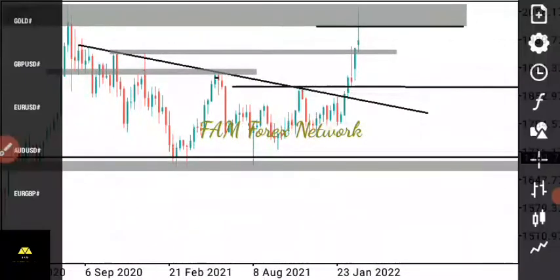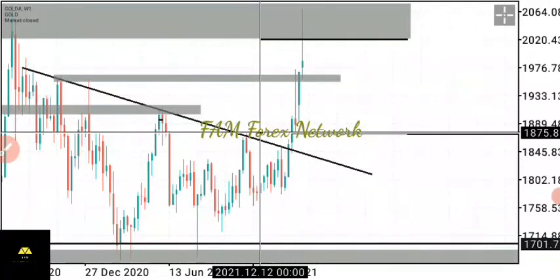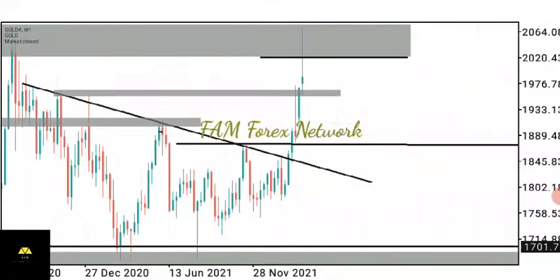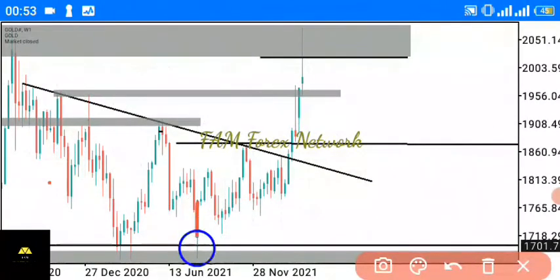So this is an example of what I'm trying to say here. Let me use my pen. You can see on this particular place, you can see a pin bar. You can see that after some weeks it came up. That's why I don't like trading when I see this particular pin bar.